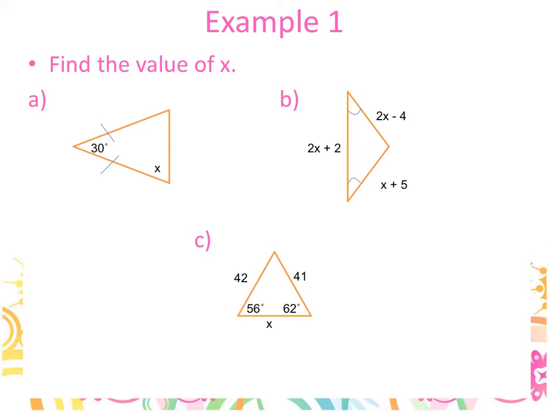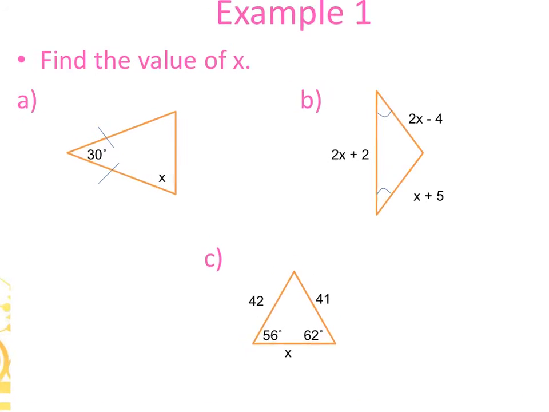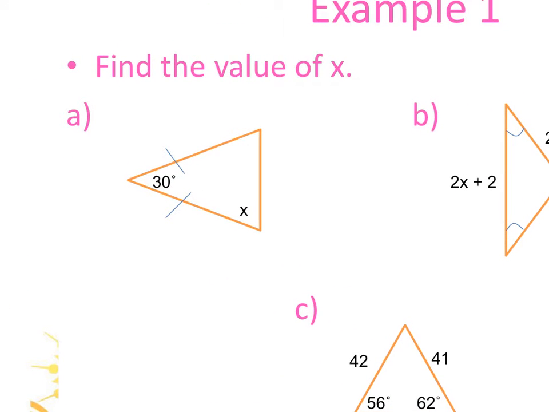All right, so it wants us to find the value of x. So we're going to be applying the two theorems we just learned, the base angles theorem and its converse, and then we'll also be applying those corollaries. All right, so in the first example, example A, notice I have two sides that are marked as congruent. So this tells me I'm dealing with an isosceles triangle.